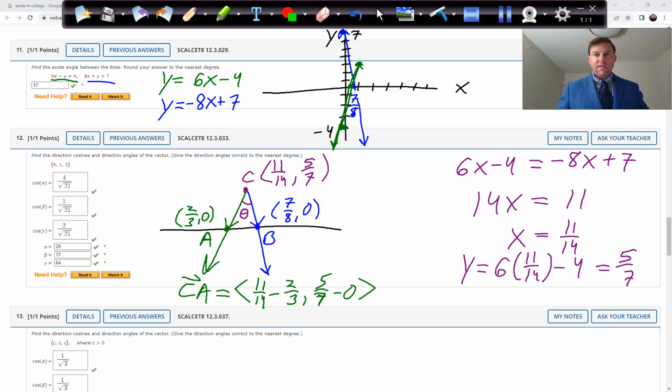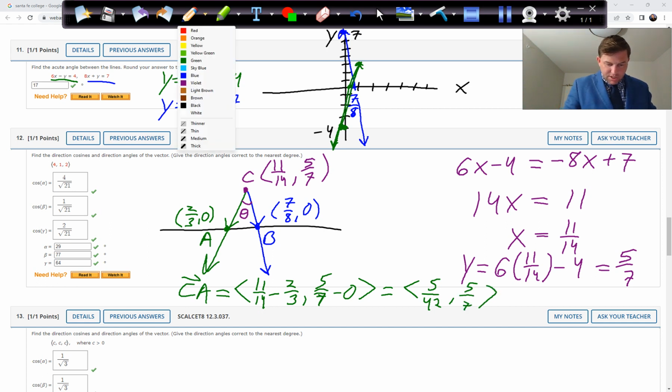So you just take the x component of C and subtract the x component of A. Take the y component of C and subtract the y component of A. Now, if you do this, after you simplify the denominators and everything, you should get 5/42 and 5/7.